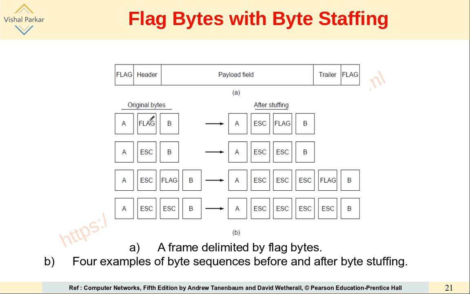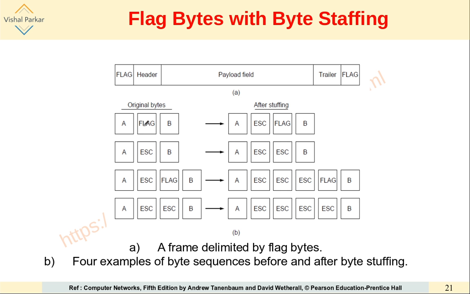So in the first case, A flag B is the original frame content right from here to here. Now we are not showing the start and end flag bytes here. We are only concentrating on what will happen if the flag appears in this part.